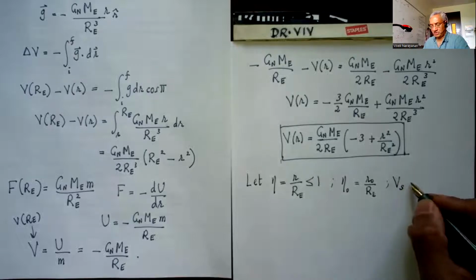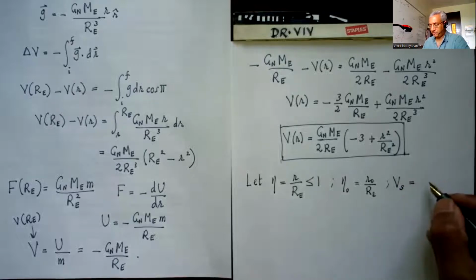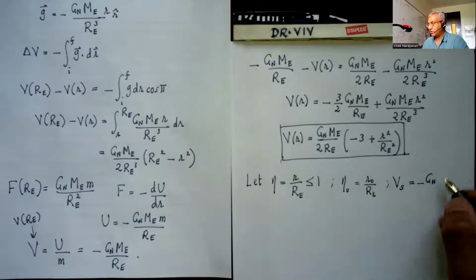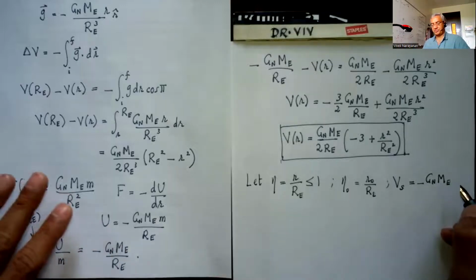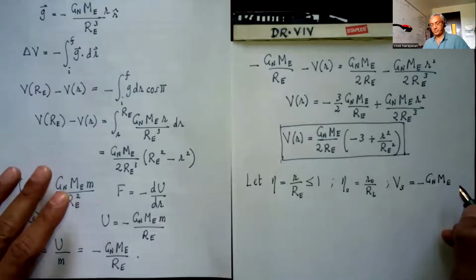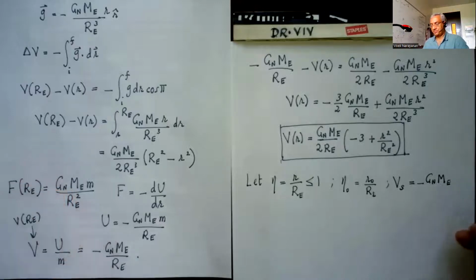V sub S is the surface potential energy, negative G M e m over 2 R e. So that's the potential energy, not the potential.